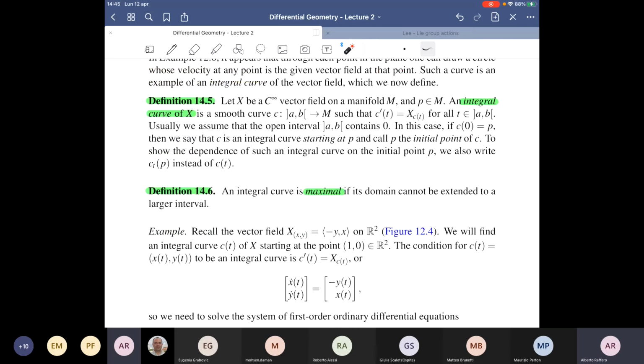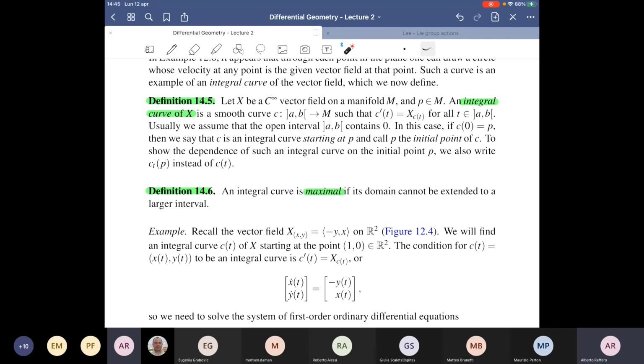In order to emphasize the dependence on the initial point, sometimes one denotes the integral curve by specifying also the point together with the time, the real parameter that lets the curve move. Moreover, you define an integral curve to be maximal if its domain cannot be extended to a larger interval.